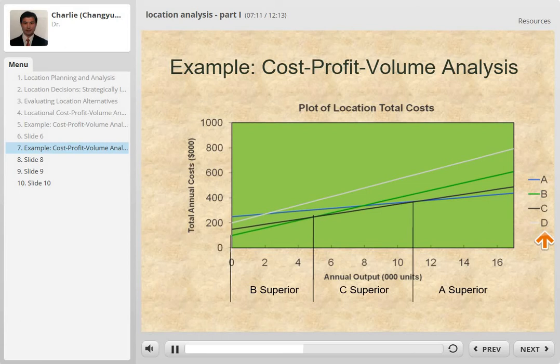Goes beyond this point, A is the location which will give the lowest cost. Our job is to find out this point, this point, and this point.